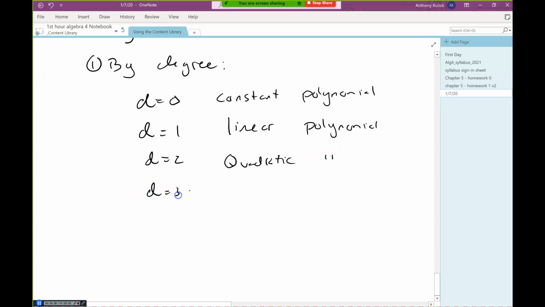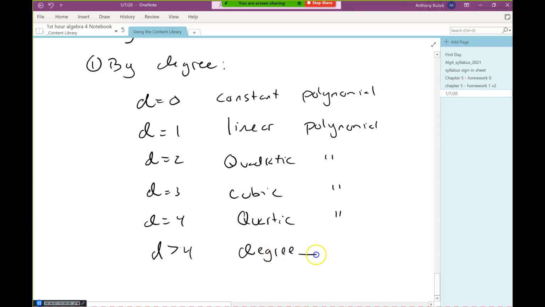If the degree is 3, we call that cubic. If the degree is 4, we'll call that quartic. If the degree is bigger than 4, we're just going to name it by the degree. So we'll call it a degree 6 polynomial.